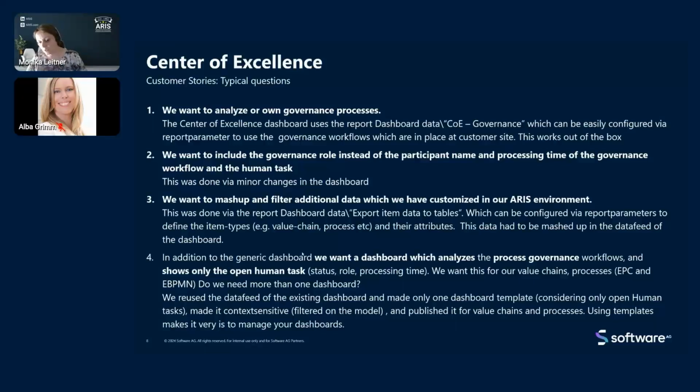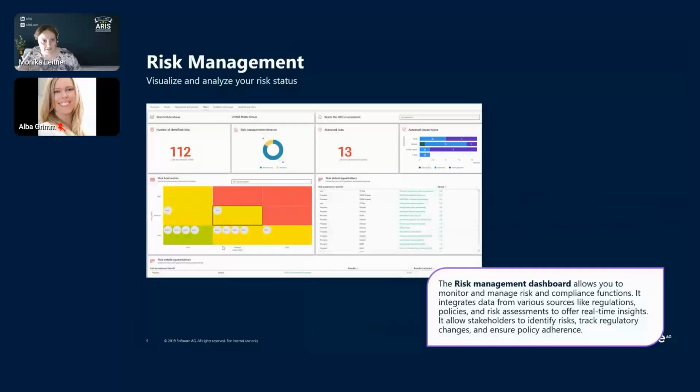We reused the dashboard, put in some filtering, and created a dashboard template, so this dashboard could be used for any process and any model type. It was just a reuse. We could reuse the data feed because it was the same as in the first steps before, and we just built an additional dashboard on the existing database data feed.